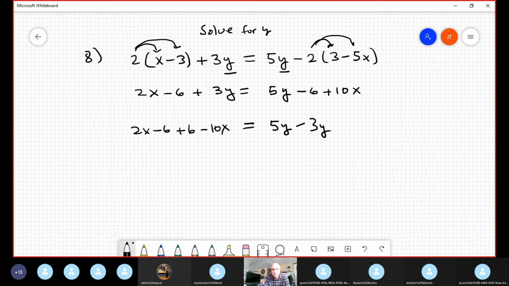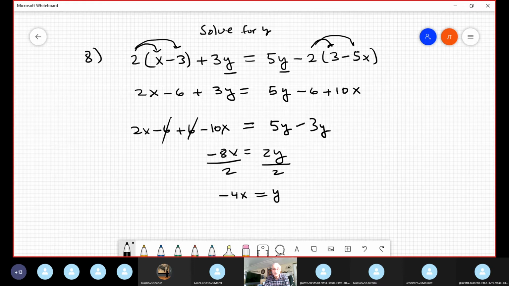Now ready to combine. I can see, wow, amazing, negative 6 and positive 6 cancel out. 2 minus 10 is negative 8x. And here we have 2y, 5 minus 3 is 2, positive 2. Finally, to solve for y, divide by 2 both sides. Negative 8 divided by 2 is negative 4.